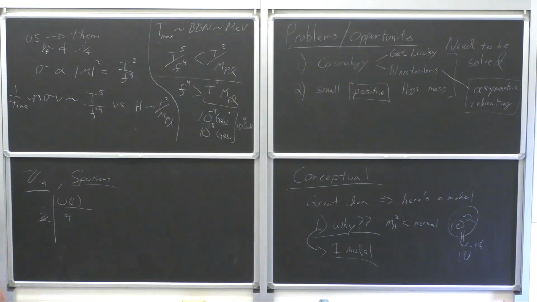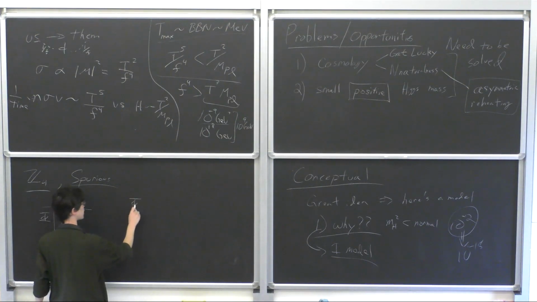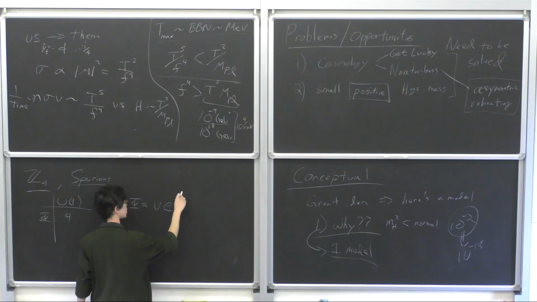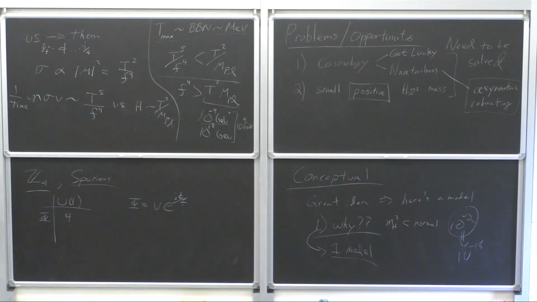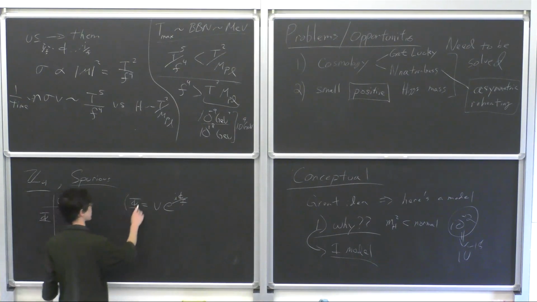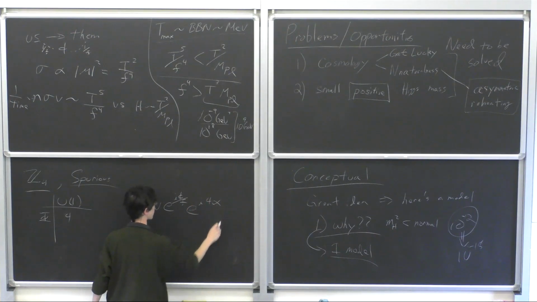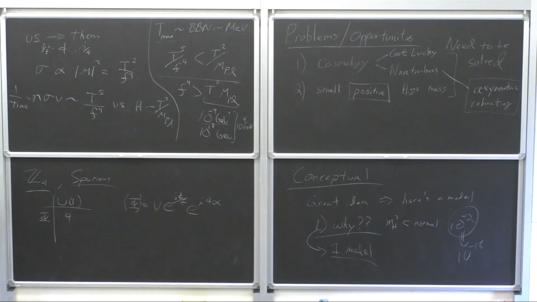This means phi equals some vev times e to the i Goldstone over F. And you can ask, does this break the symmetry entirely? Well, this has charge 4, so if I rotate this, it goes e to the i 4 alpha.